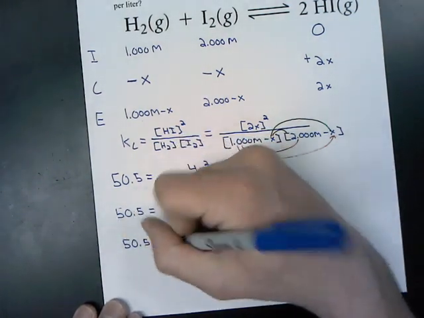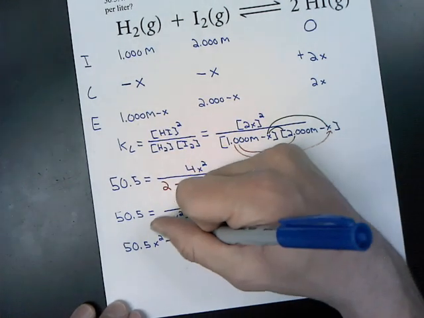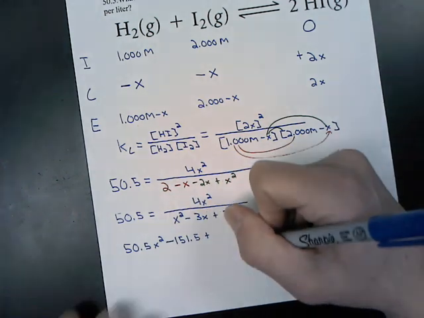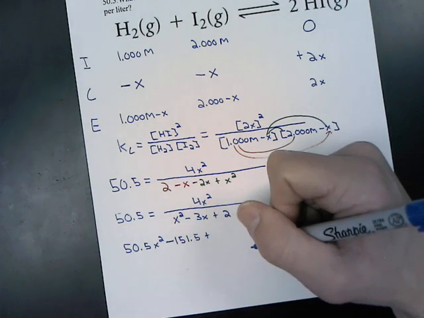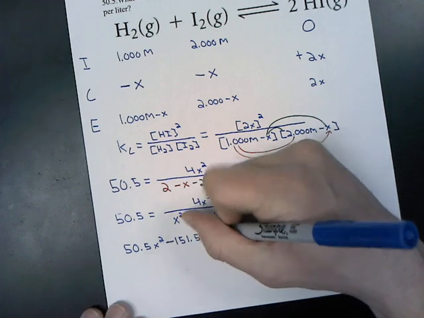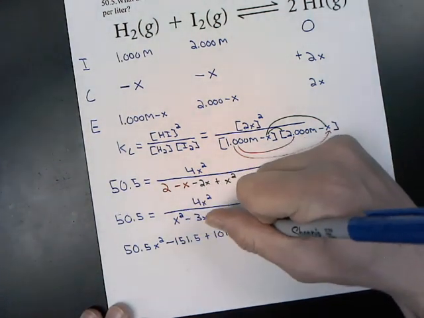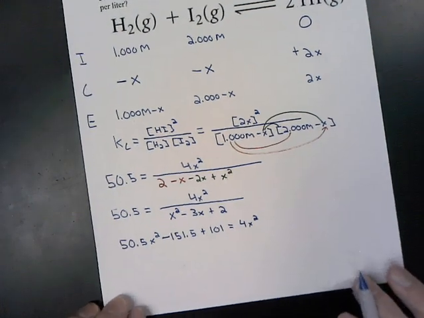So that's minus 151.5, plus 50.5 times 2, which is plus 101, set equal to 4x squared.